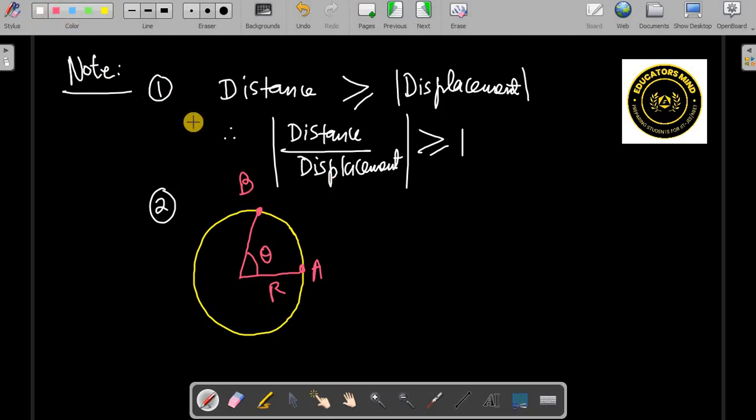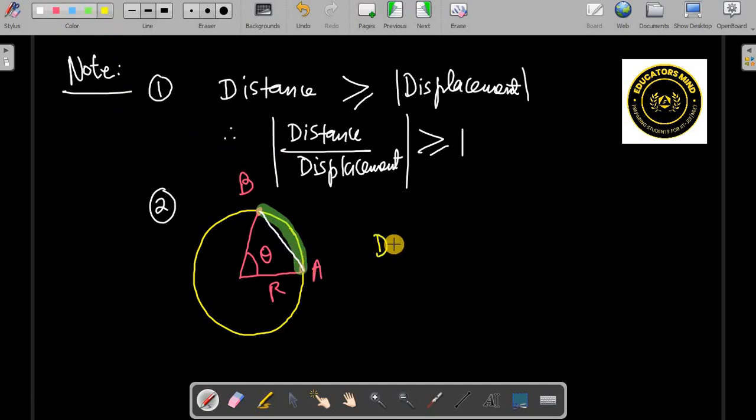So what is the distance and displacement? Distance is the length of the arc. You should remember this path length, right? This is distance. And what will be displacement? Displacement will be this line, which is the chord AB, right?